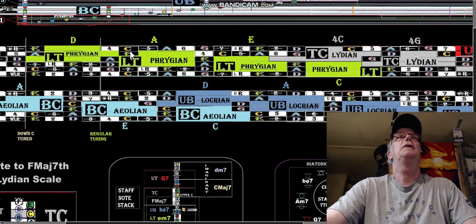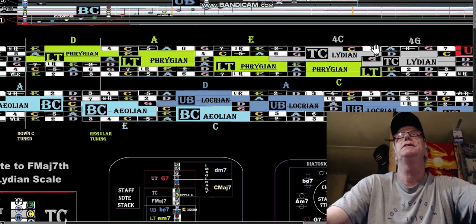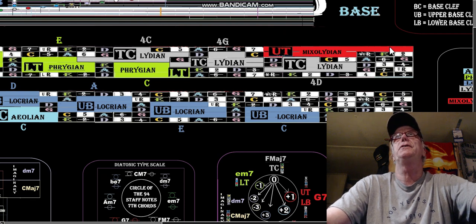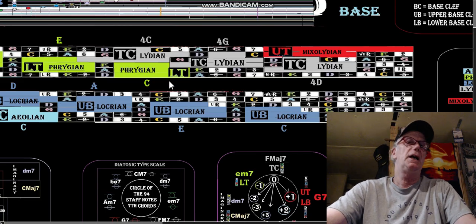Where is your fret nut? Right here. Regular tuning fret nut, down C tuning fret nut. This is your regular tuning. This would be an E, the 3rd of the key of C. Remember, it's in the key of C. And then upper treble would be again in the Mixolydian, keeping the red color, although it's not going to stay a Mixolydian depending on how we define it.